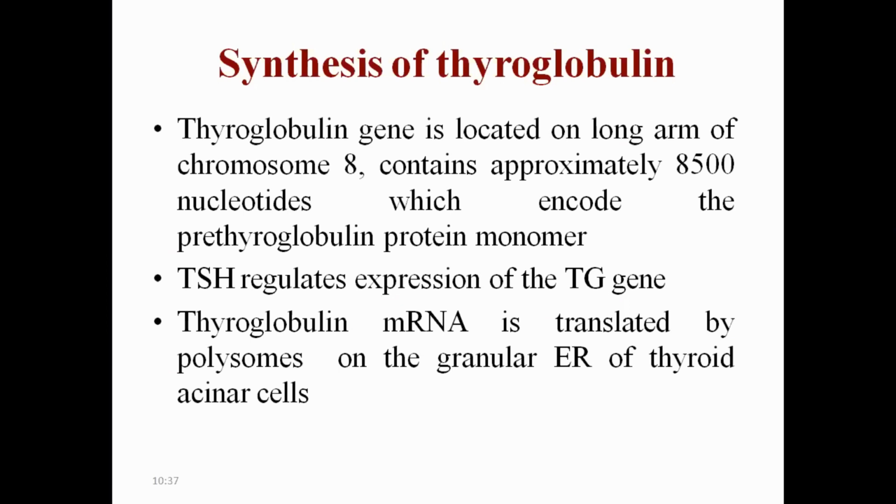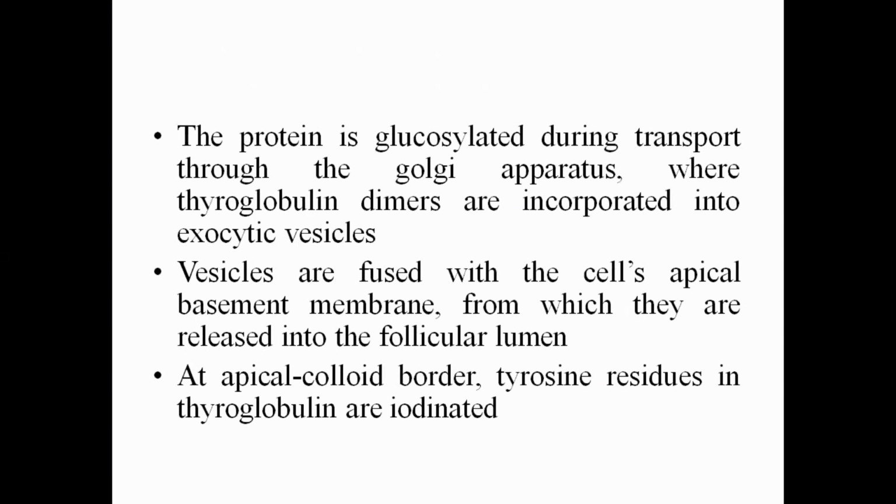And when this protein enters the smooth endoplasmic reticulum, the signal peptide is removed, and on the smooth endoplasmic reticulum glycosylation takes place. That means addition of carbohydrates on the newly growing protein.